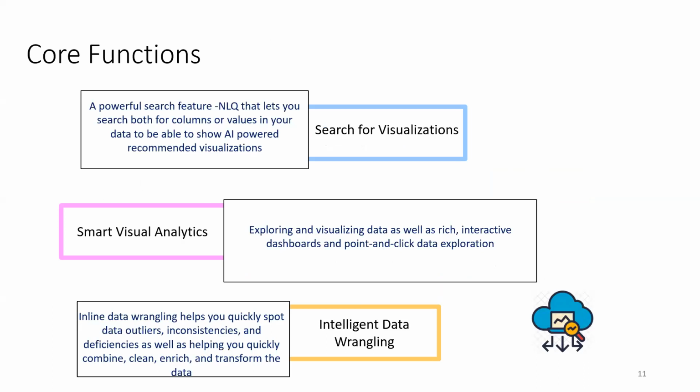So these are the core functions of Spotfire. It allows you to search for visualization, what they call natural language queries. When you bring in your spreadsheet data, you have rows and columns.